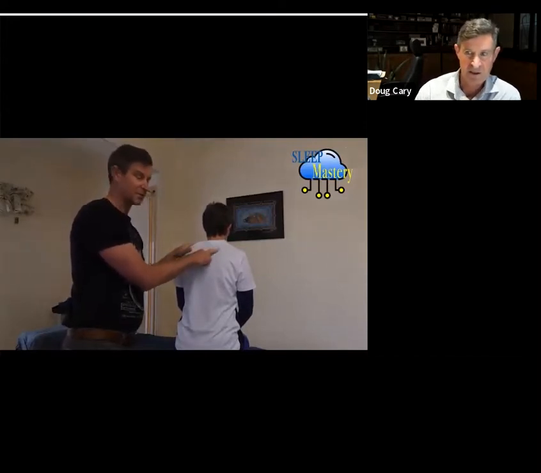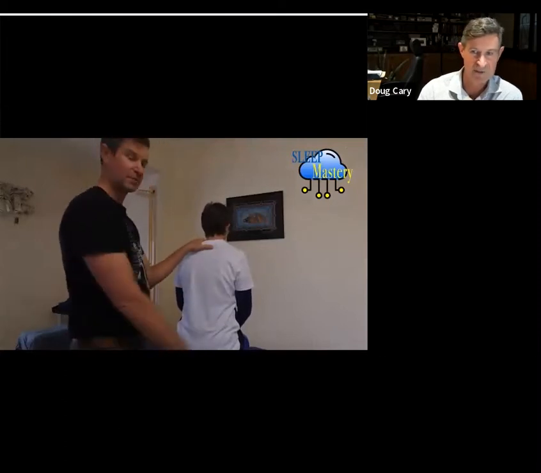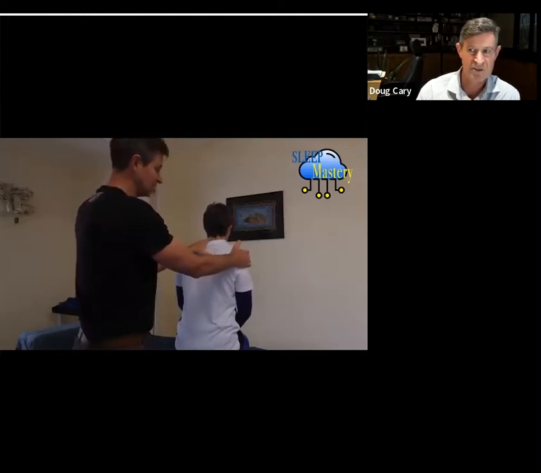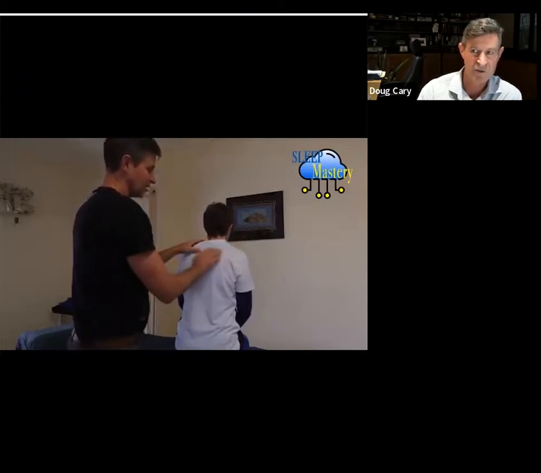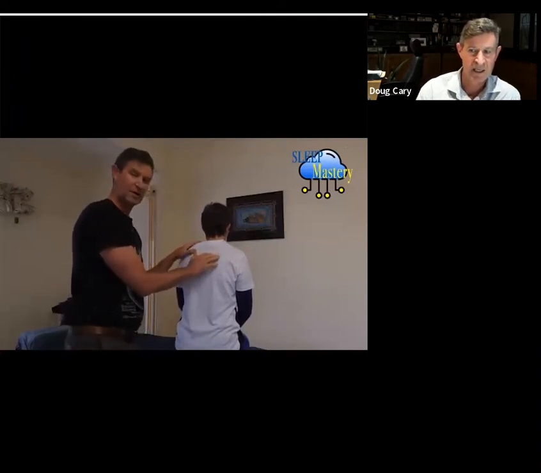The other test that I use, that I find quite interesting, is that people that sleep in a provocative sideline position are also sore over the superior aspect of ribs 2, 3, and 4. So I just do a gentle protraction, retraction shake of the shoulder, and I'm feeling those 3 points where the serratus posterior superior muscle attaches, either feeling stiffness or getting a pain response from the patient.